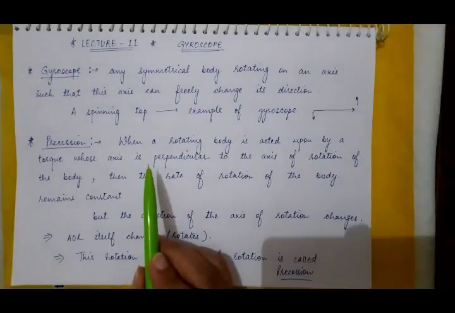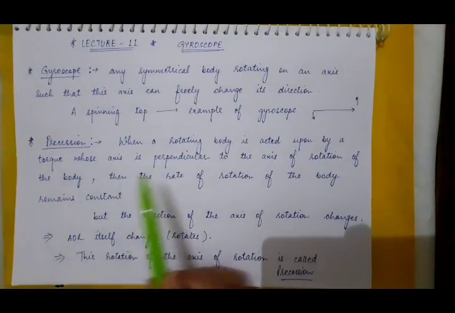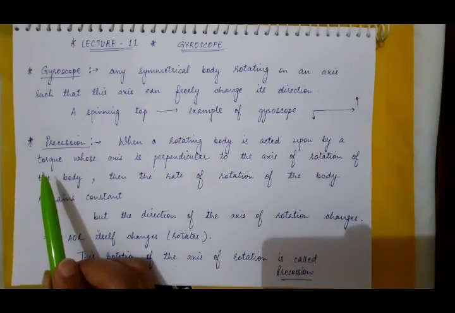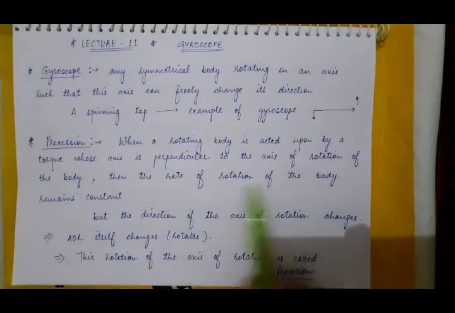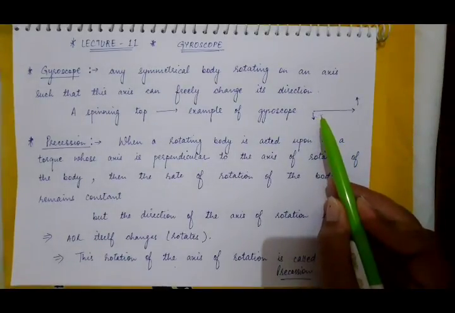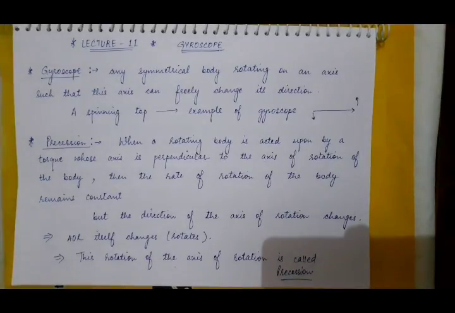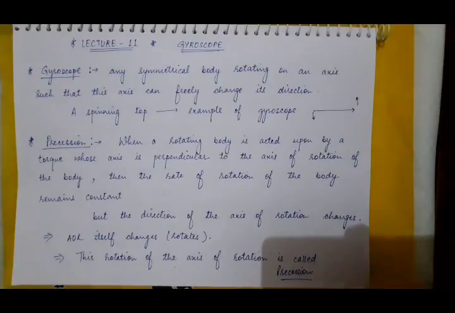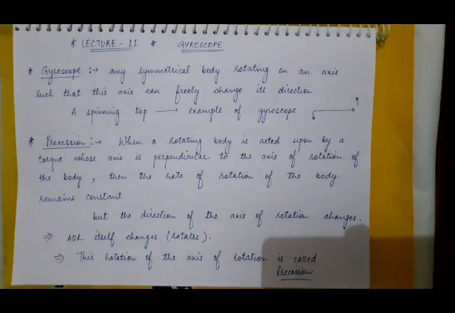So that is why it's written here that when a torque is applied on the rotating body, the torque is in the direction perpendicular to the axis of rotation of the body. If the rigid body is rotating about this axis, then to change the direction of this axis of rotation, you apply torque in a direction perpendicular to the axis of rotation.